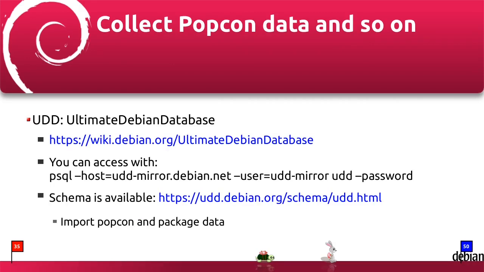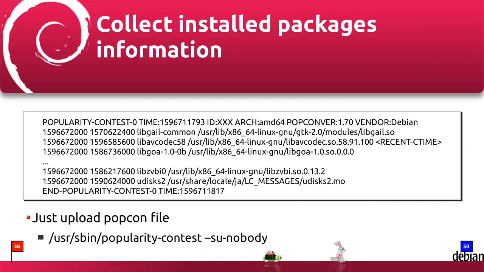As UDD provides public database access, so we can get popcon stats and investigate which bug affect unstable or not. As popularity contest command can collect either binary packages information.